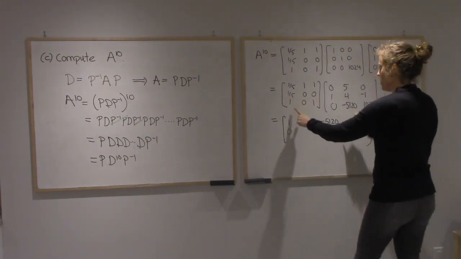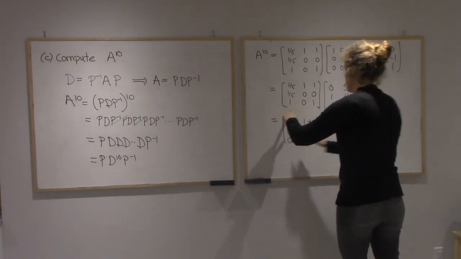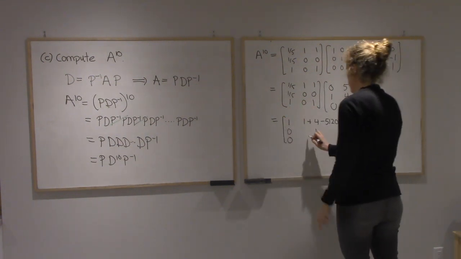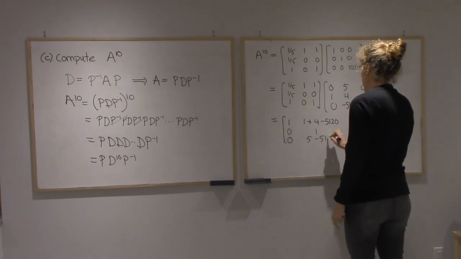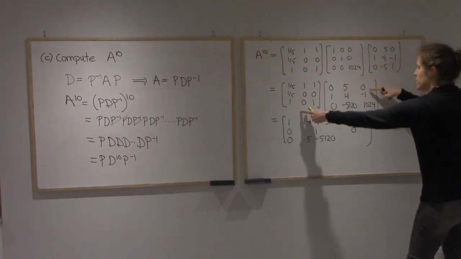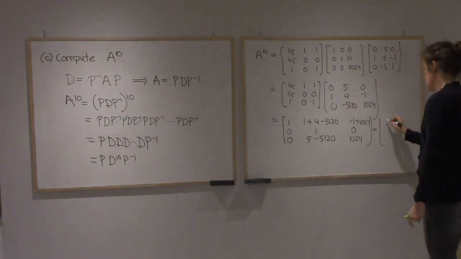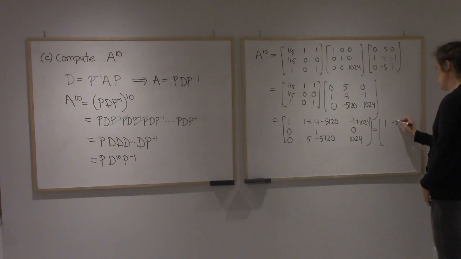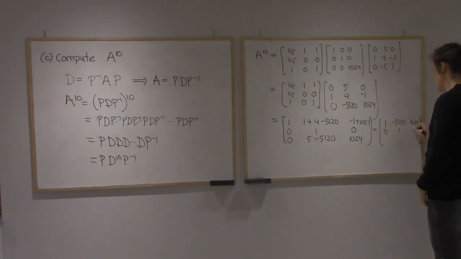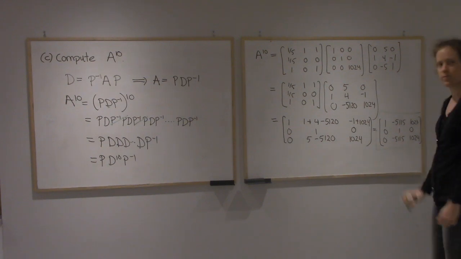This will be 0. This will be 0. It'll be 5 minus 5,120. And the final one will be 1,024. Alright, so we get 1, minus 5,115, 1,023, 0, 1, 0, 0, minus 5,115, 1,024. There you are.